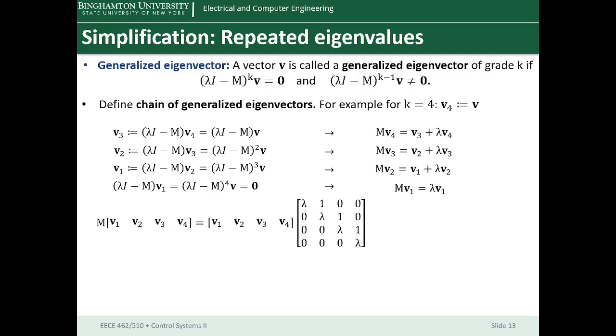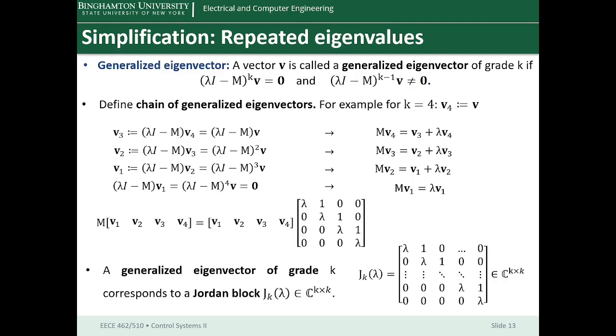We call this matrix a Jordan block. For this case, since we have 4 vectors in the chain, it's a 4 by 4 Jordan block. In general, for a generalized eigenvector of grade k, the corresponding Jordan block is a k by k matrix, and we denote it as J sub k of λ.